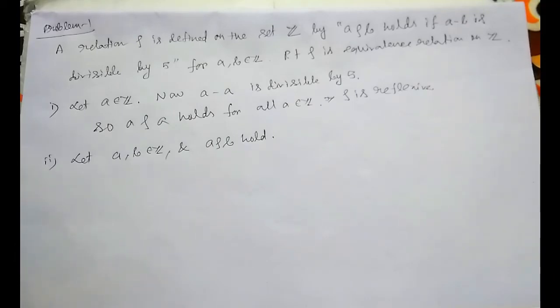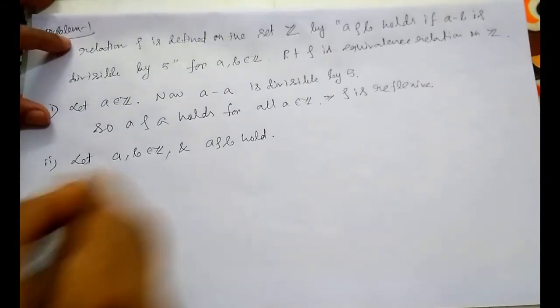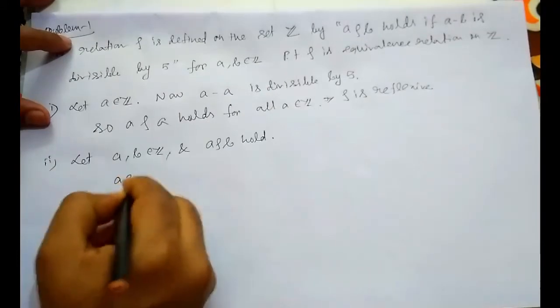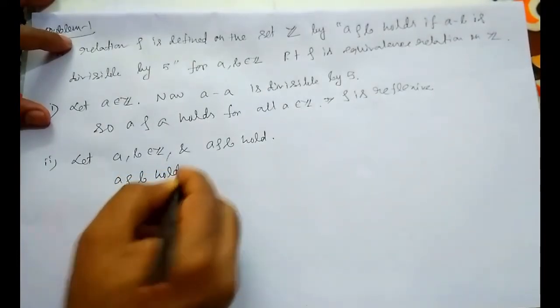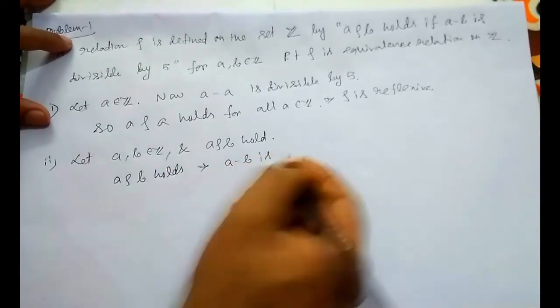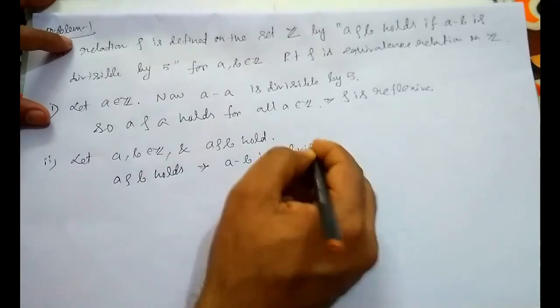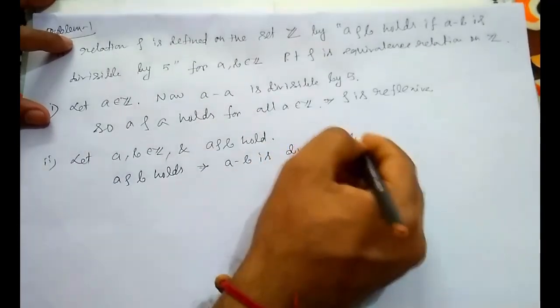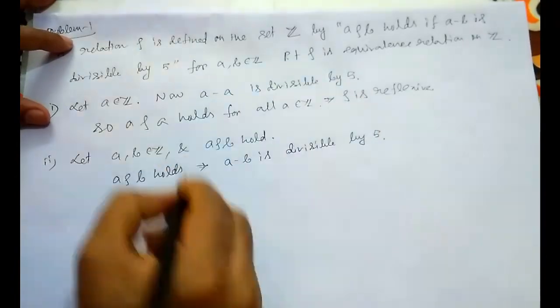Then if we show that b rho a holds, we can say rho is symmetric. Now a rho b holds means a minus b is divisible by 5.